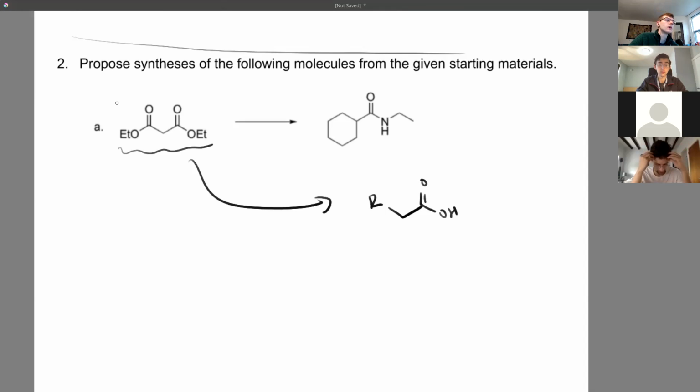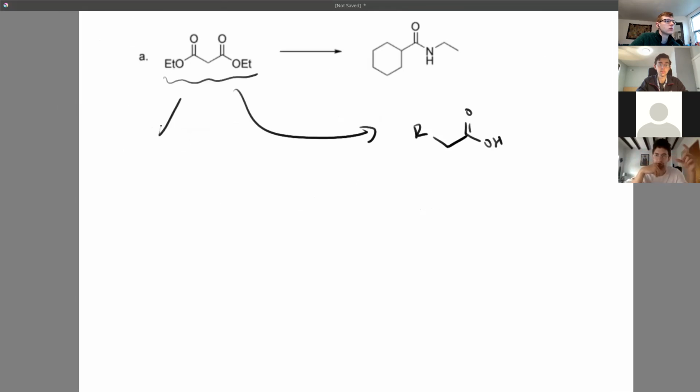Then the R group would be cyclohexane with a halogen on it, chlorine or bromine, either one, it's no different. It will struggle, but it'll do SN2.